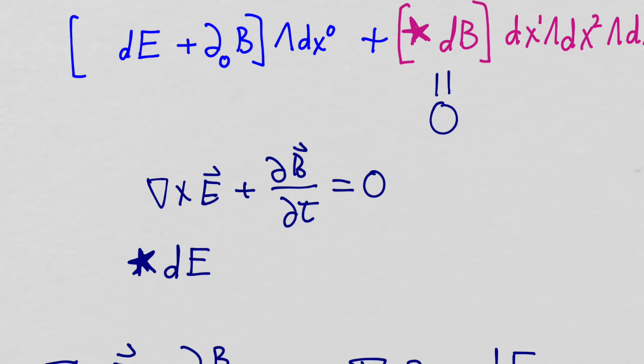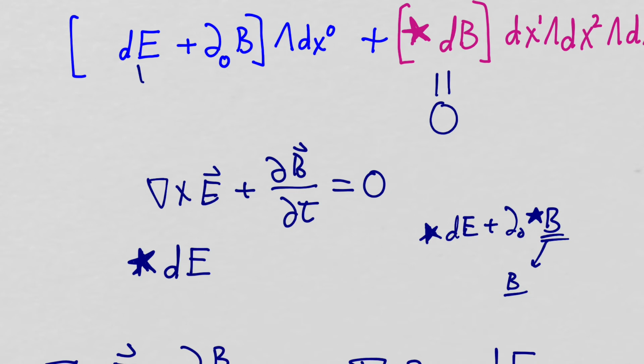We would end up with the Hodge dual of dE plus the partial derivative of the Hodge dual of B. Remember now, B is, we've chosen to make it a two form, so the Hodge dual of B is going to be the B one form, right? This is a two form. The Hodge dual will be a one form, which is associated with a vector.